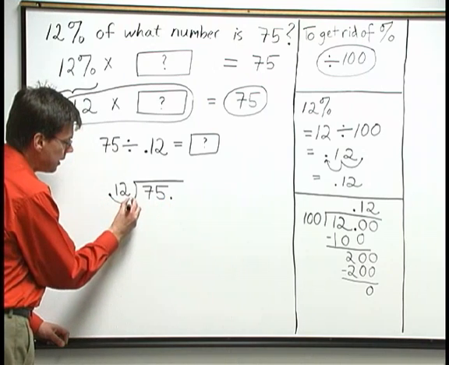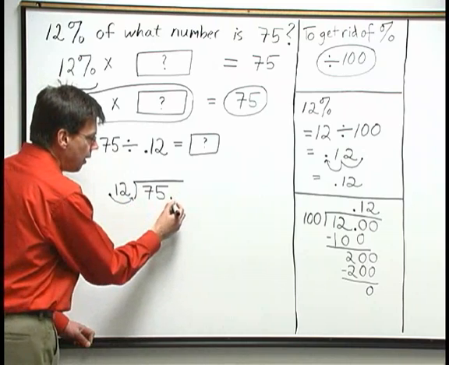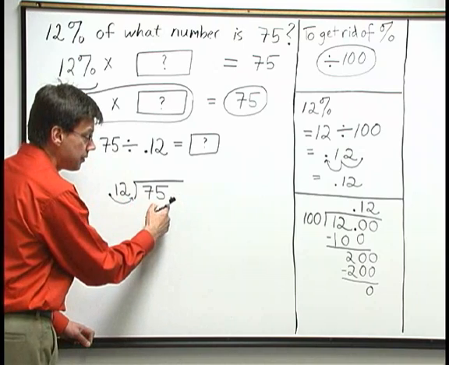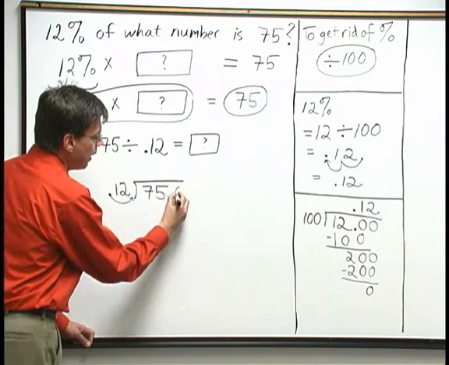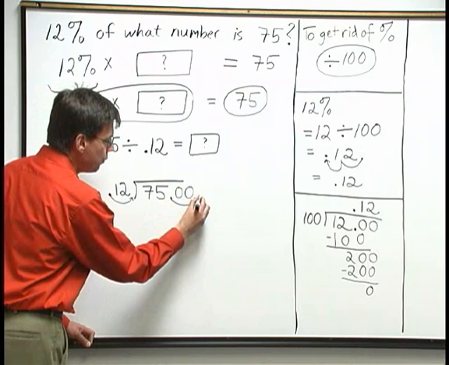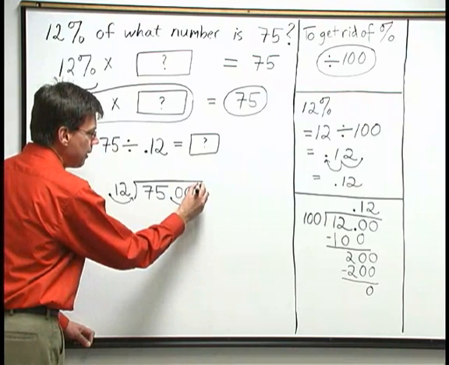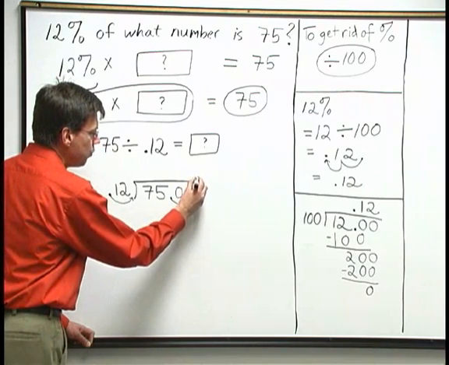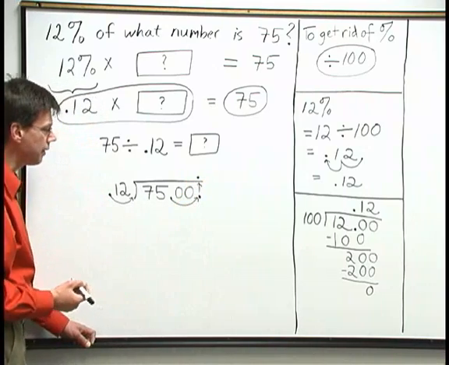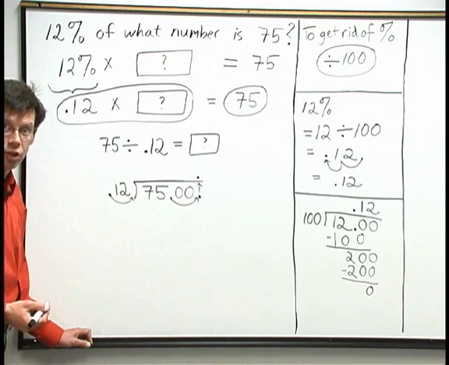When I move the decimal point 2 places to the right in 0.12, I also need to move the decimal point 2 places to the right from where it is inside the division. In order to do that, I need a couple of zeros here so that I can move to the right of those 2 zeros. And in fact, in my final answer, my decimal point will end up right above the new position of the decimal point inside the long division box. Now we're ready to go through the long division process.